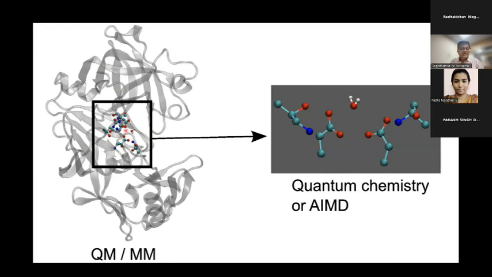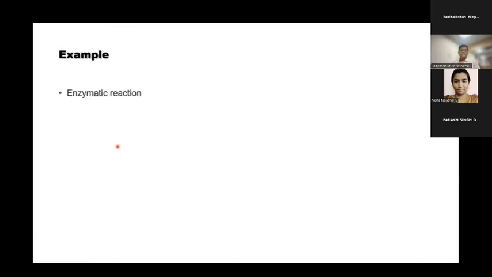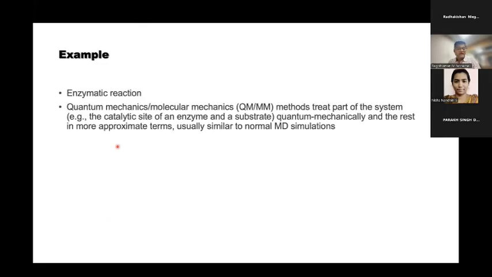So we study QM for this part, and the rest we use molecular mechanics. You can also use Monte Carlo simulation for the remaining part of the protein, and QM for the active site. You can do it like this. For example, an enzymatic reaction. So you use QM/MM. Part of the system will be quantum mechanically treated. The rest of the protein will be done the classical mechanical way.